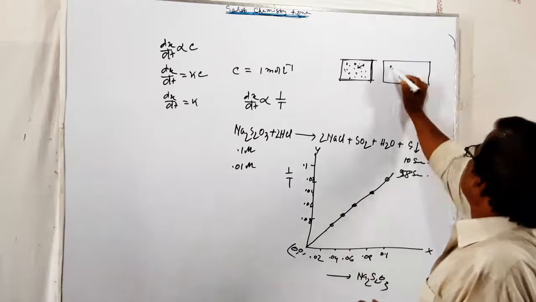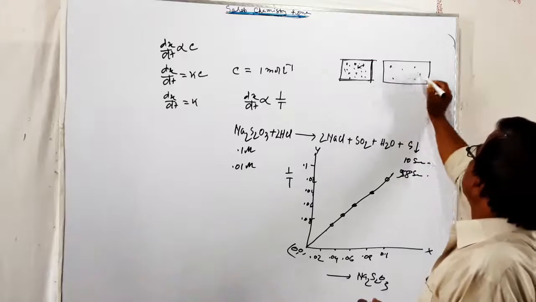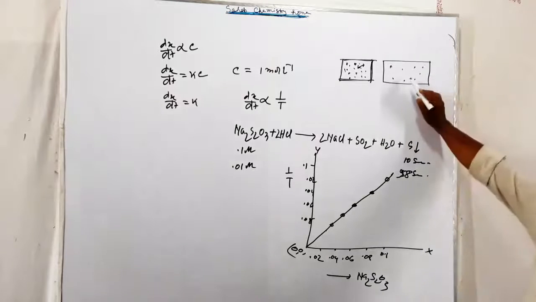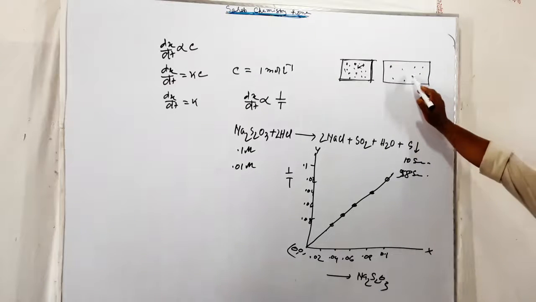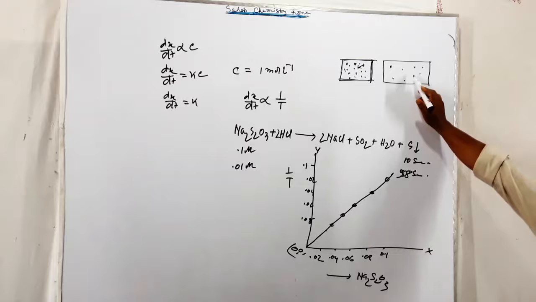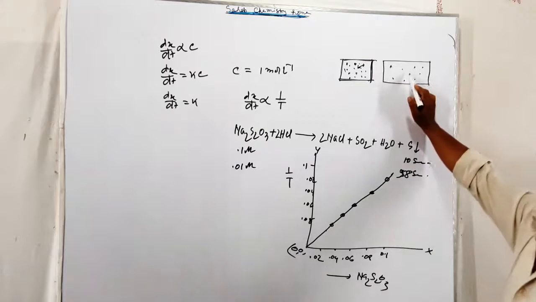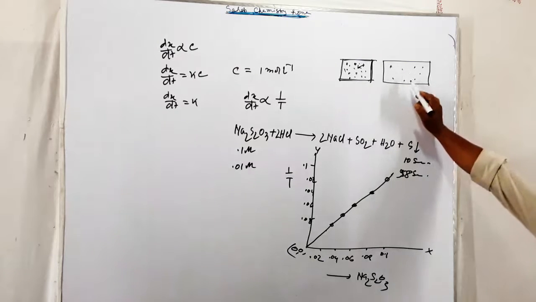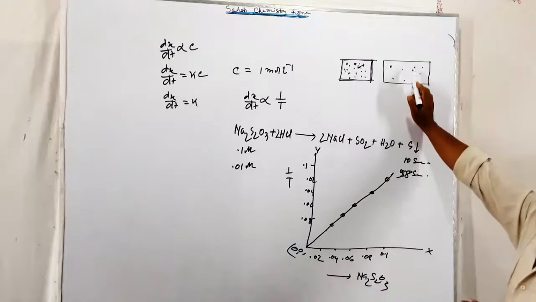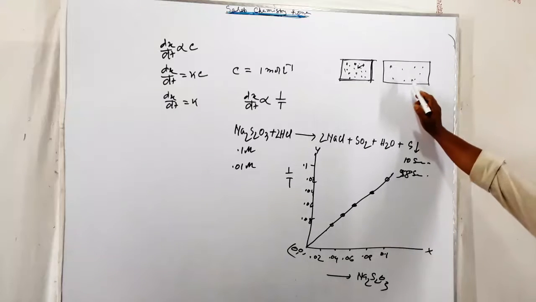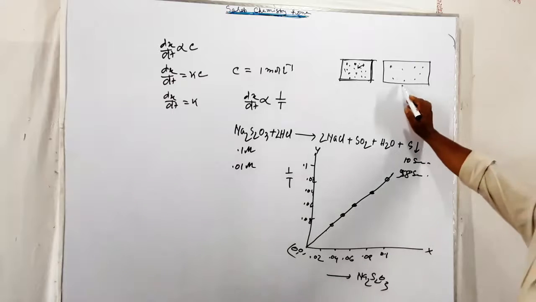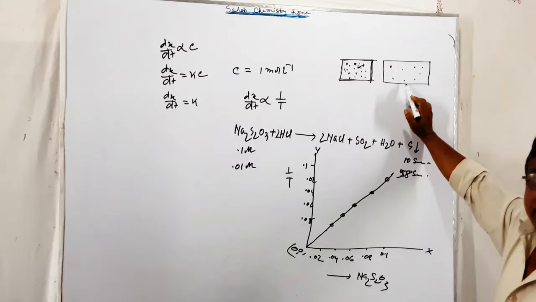If the particles of the substance in a unit volume are few, that is dilute, then the particles of the reactant are far apart, and their collision with each other is also low, so the rate of the reaction also decreases.